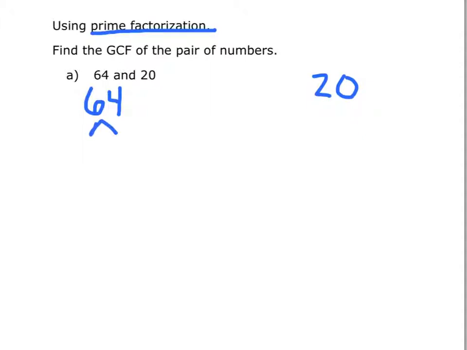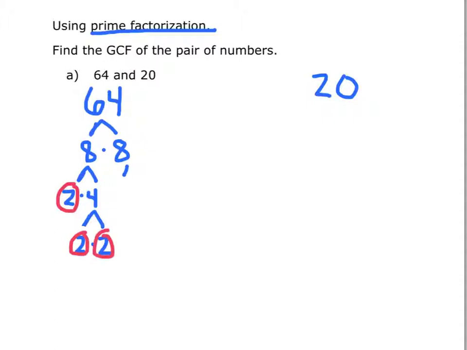So 64, I know that 8 times 8 is 64. Neither one of those are prime, so now I have 2 times 4. 2 is prime. And then here 2 times 2. 2 is prime, so there we go. Now notice we just did 8. This one's going to be very similar. So right here I would have 2 times 4. 2 is prime, so I'm going to stop and circle it.